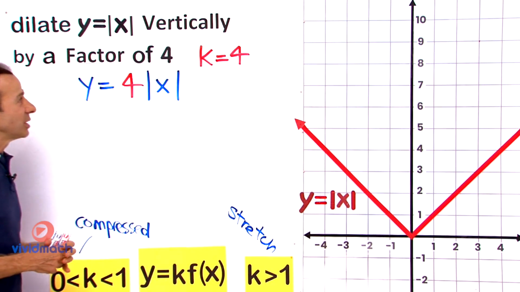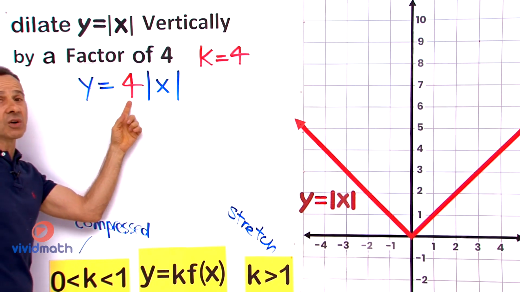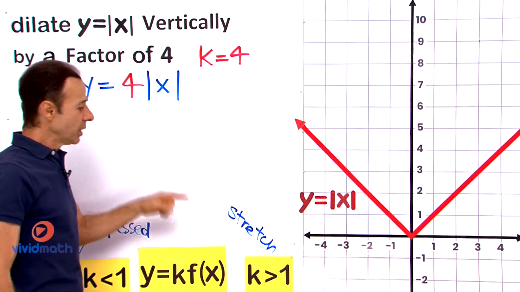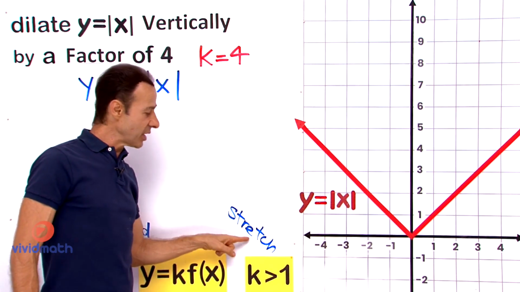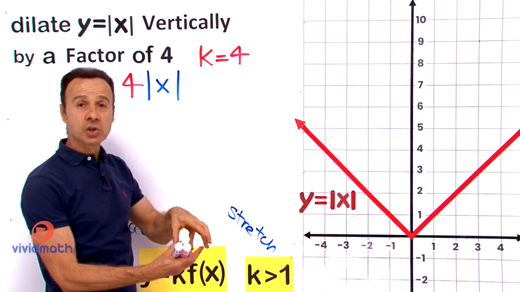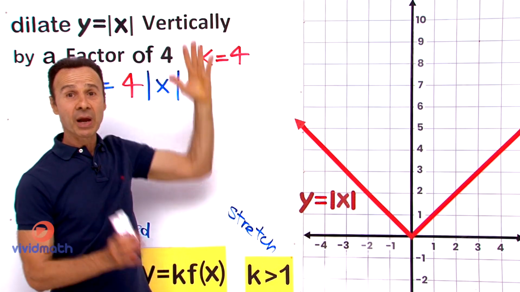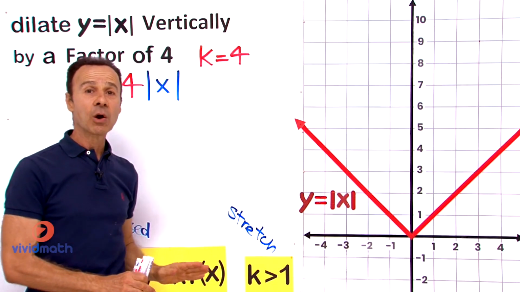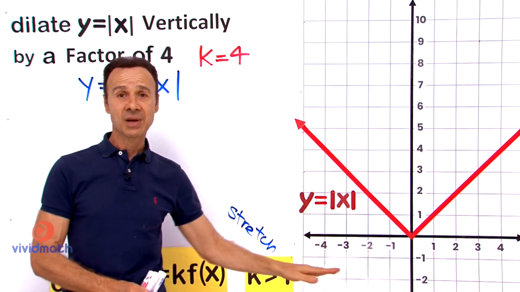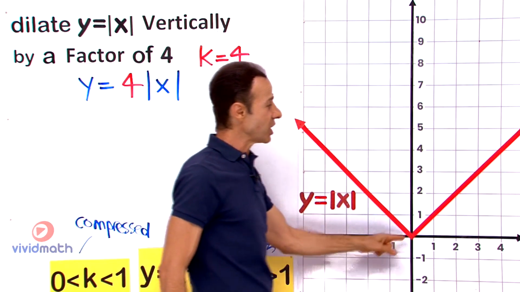But because we know that it's a vertical dilation of 4, and 4 is greater than 1, we know that it's vertically going to be stretched up that way, towards the y-axis and away from the horizontal axis. And the shape will change. We have this shape right now.